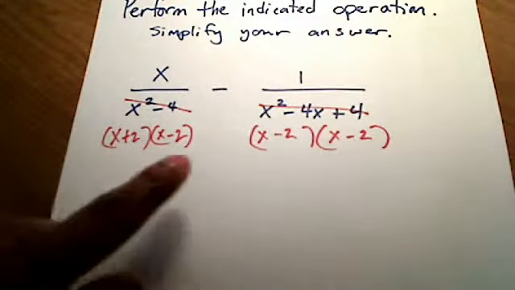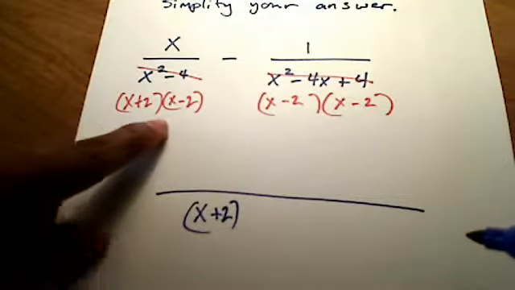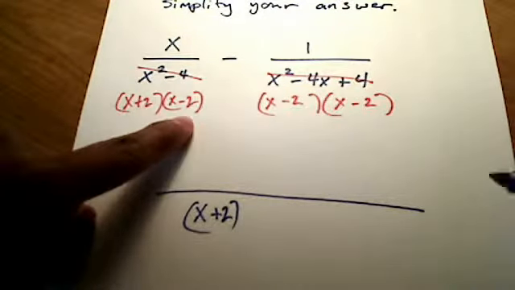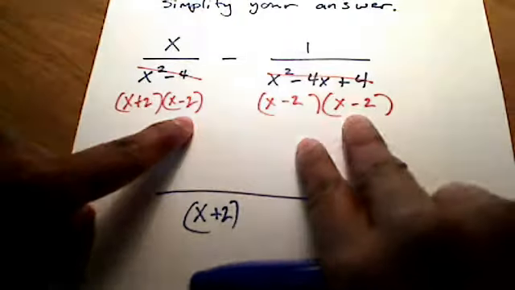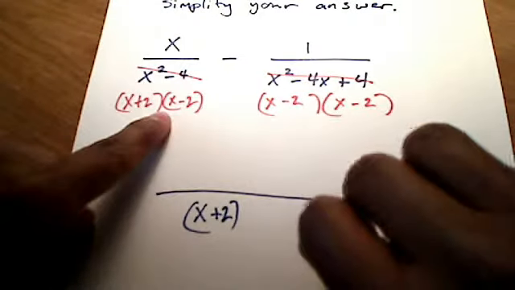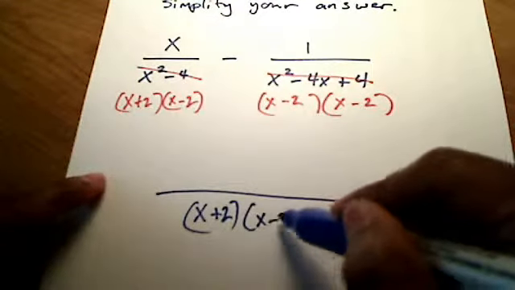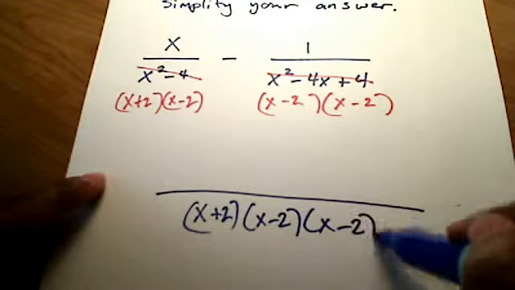One of the things I mentioned in class is that the LCD, even though we're looking for the least common denominator, we're actually thinking the greatest. We're actually thinking the opposite. So I at most see 1 x plus 2, and at most I see, well, this guy here has 1 x minus 2, but this one has two of them. And since 2 is bigger than 1, I'm going to have two x minus 2's in my denominator.